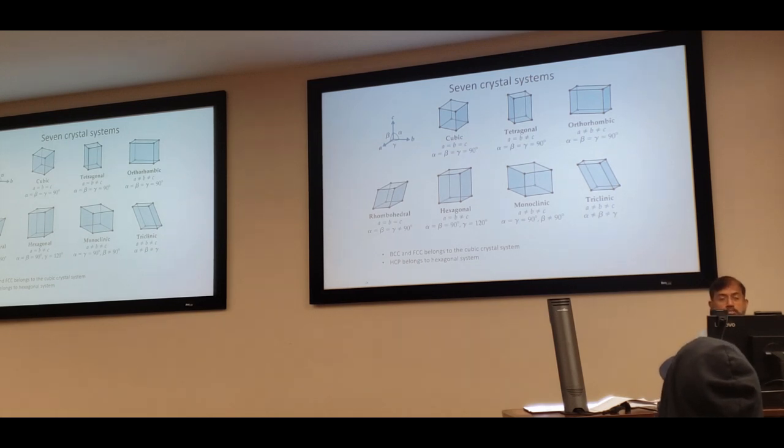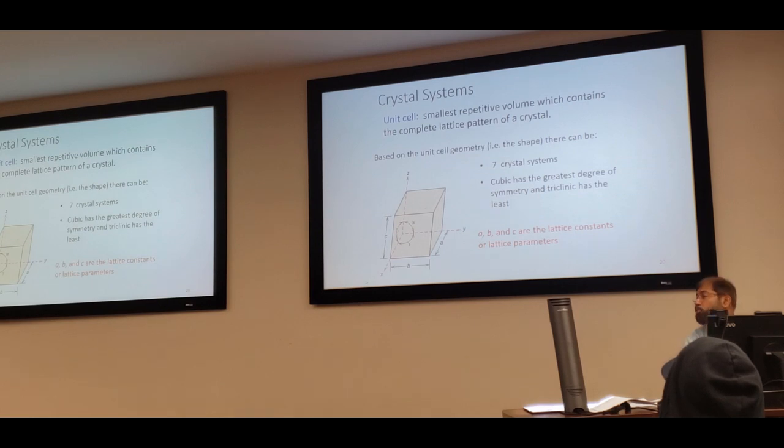These are the only 2 systems we are going to look at, the cubic system and the hexagonal system. But you need to be aware that there are a total of 7 crystal systems, depending on A, B, and C, and the angles alpha, beta, and gamma.